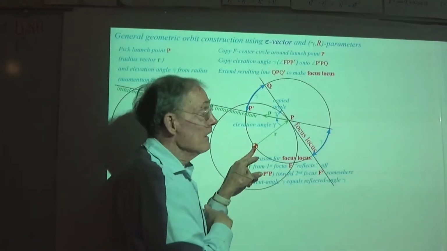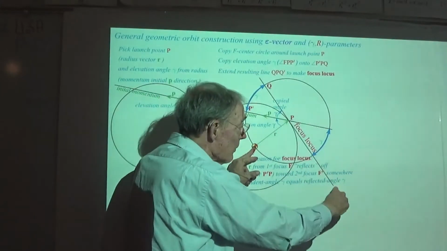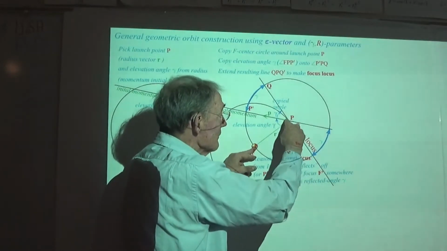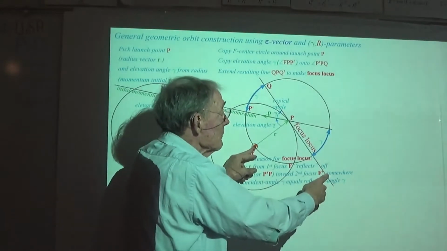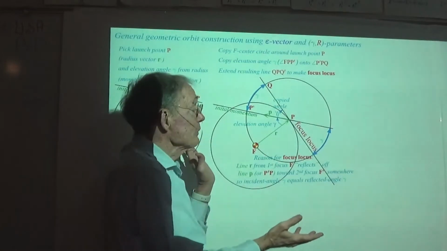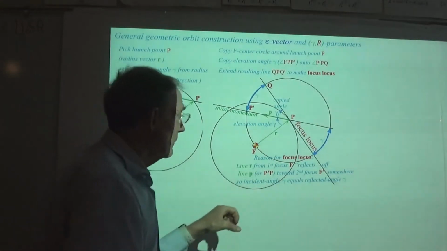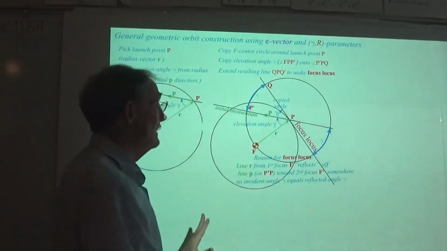I want this to have another focus somewhere on it that makes the orbit that we're interested in. It takes two to tango in this thing. Whether it's a hyperbola or an ellipse that we'll be making, the only time these two foci are together is when you have a circular orbit. That's trivial. So the job is to find where on the focus locus that focus is.